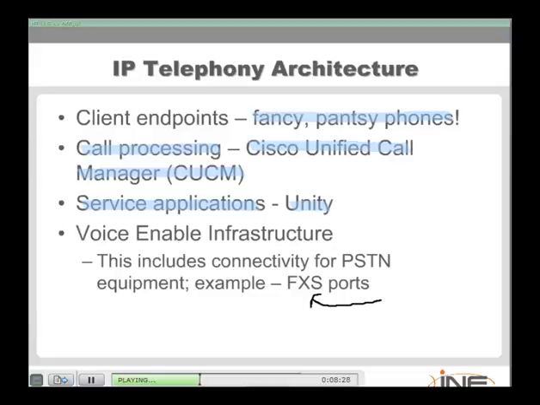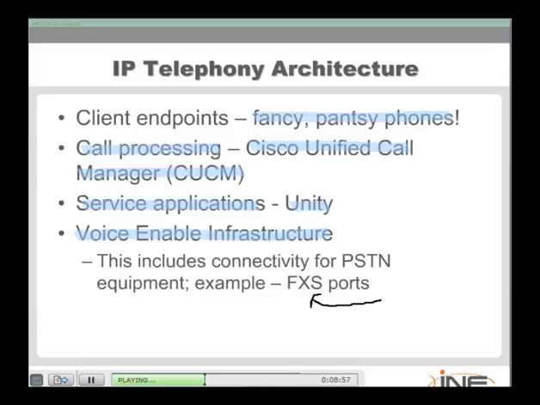Pretty neat. And then we have the fourth and final layer of the IP telephony architecture, the voice-enabled infrastructure. And this voice-enabled infrastructure are all of those components, all of the switches and the routers, all of these devices that are built to handle this voice over IP.